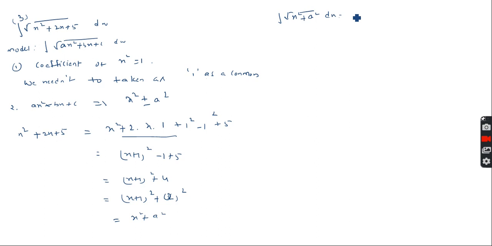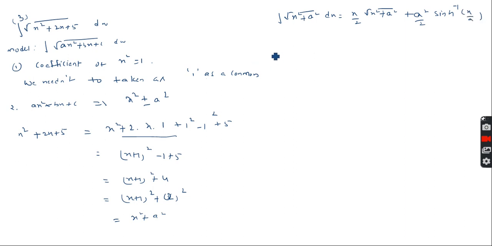The value is x by 2 into root of x square plus a square, plus a square by 2 into sinh inverse of x by a.